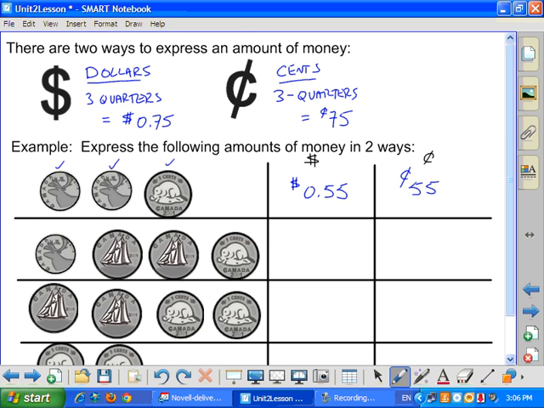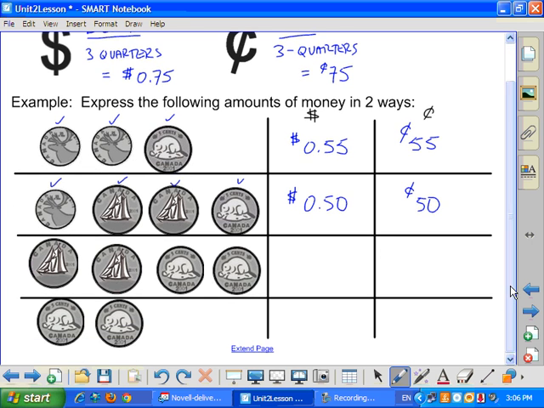All right, and that's what I want you to be able to do. I want you to be able to go between dollars and cents. So here, 25, and you'll notice my dimes are bigger for some reason. 25, 35, 45, 50. So I've got 50 cents. So that is 0.50.